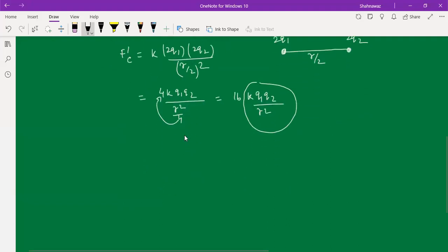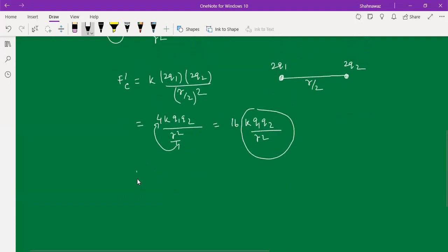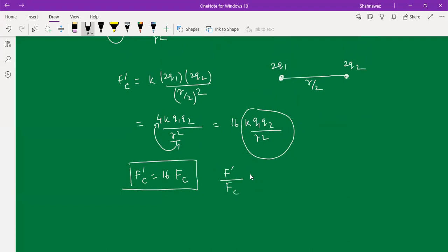So the new force is equal to 16 times the old. If somebody asks what would be the ratio, it would be 16:1. So the force has become 16 times greater than the old force. This is a very simple question.